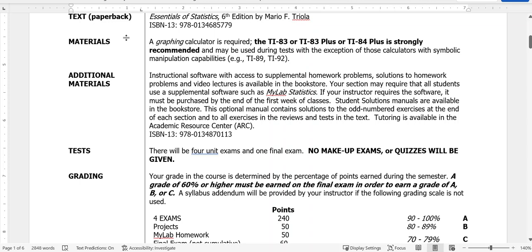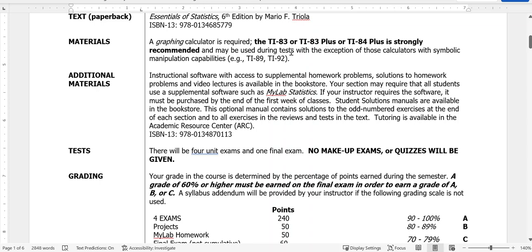We do need to talk about the graphing calculator. You need a calculator, and you need a special calculator. We recommend the TI 83, 83 plus, or 84. You don't have to get those, but you need to find a calculator that will do all of the statistics, not some, because there are a lot of calculators out there that will do some of the statistics, but you need one that will do all the statistics for the course.